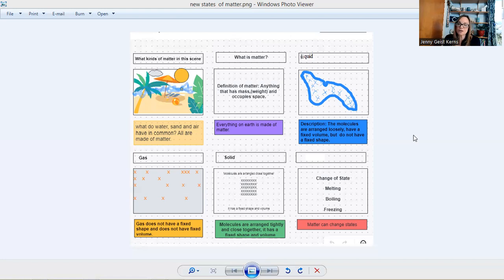Anybody, what do you guys think? Okay, yeah, I see melting. When ice melts, it becomes a liquid. You can melt plastic, you can melt chocolate. In all these cases, something is going from being a solid to becoming a liquid, and that's by increasing the temperature.